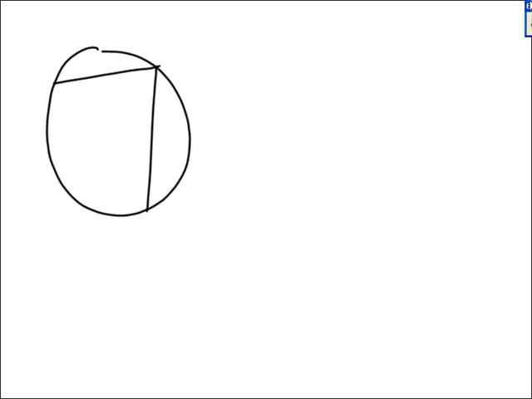Let's suppose you have this circle. We draw an arbitrary 4-sided figure. You have a 100-degree angle here and a 60-degree angle there. And this is labeled, say, A, B, C, and D. And you are being asked to find the other 2 angles.